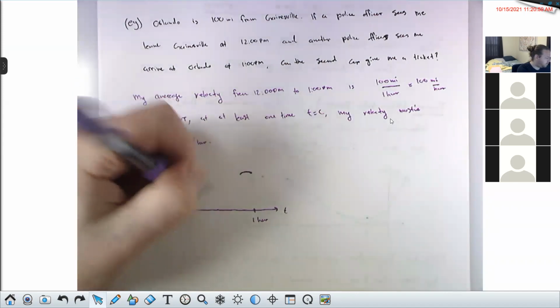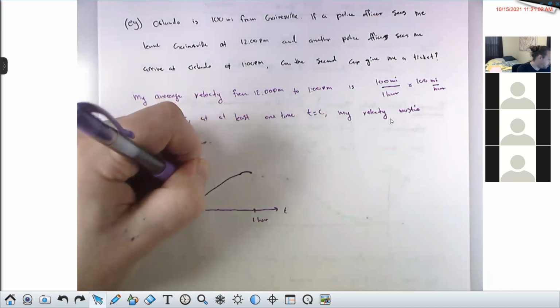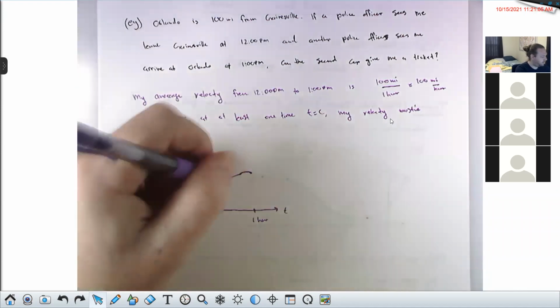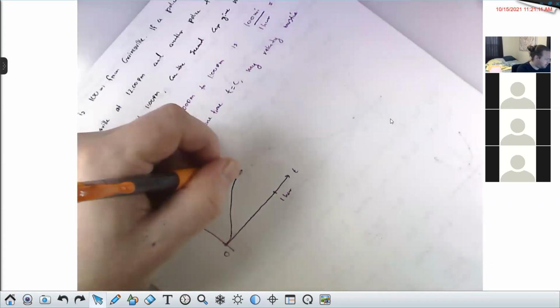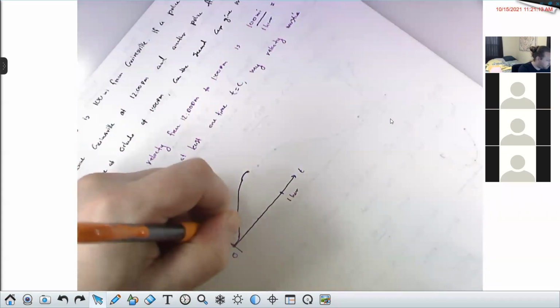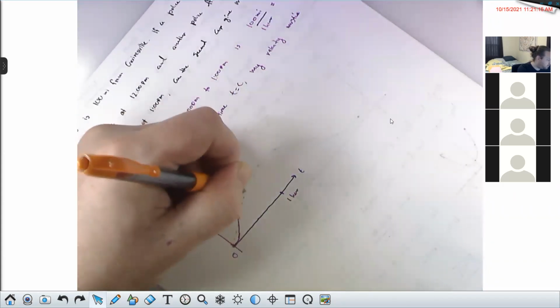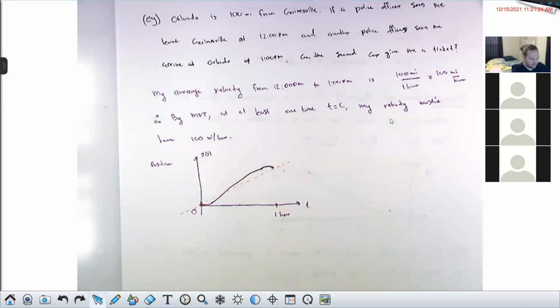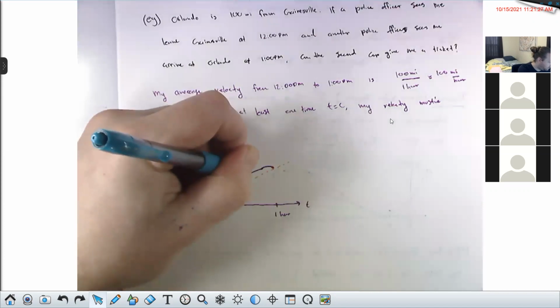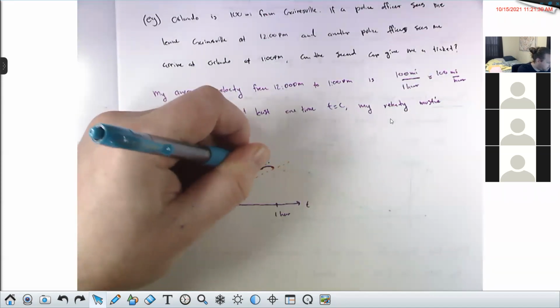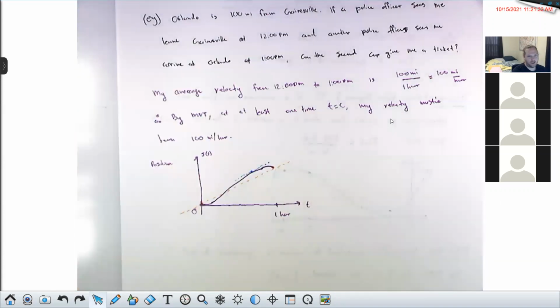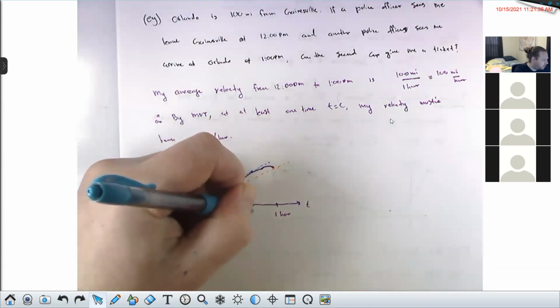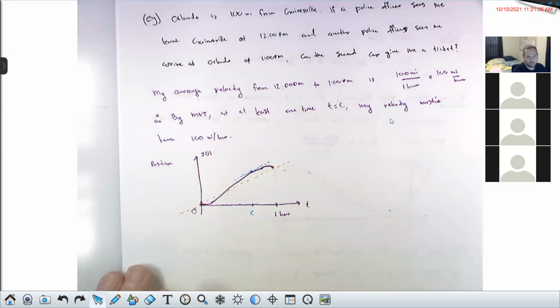But in order to join these two by a smooth curve, there has to be at least one place where my tangent line is parallel to this secant line. And so at that time, maybe it's here, I had to have been going 100 miles an hour by the mean value theorem. Pretty cool stuff, right?